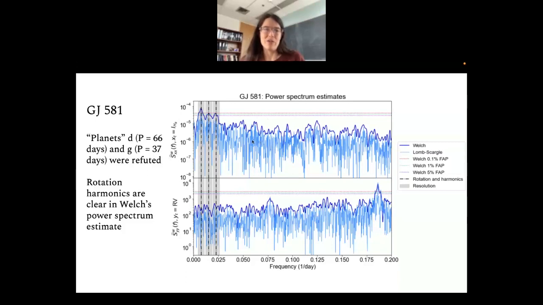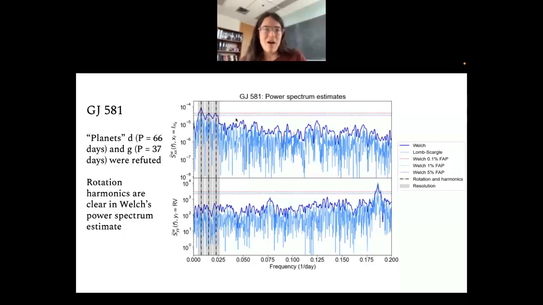These are power spectrum estimates. The observable in this time series from which we estimated the power spectrum is the H alpha activity index. In the light blue is the Lomb-Scargle periodogram. In the dark blue is our low variance power spectrum estimate from Welch's method, which is why the software is called NWelch.